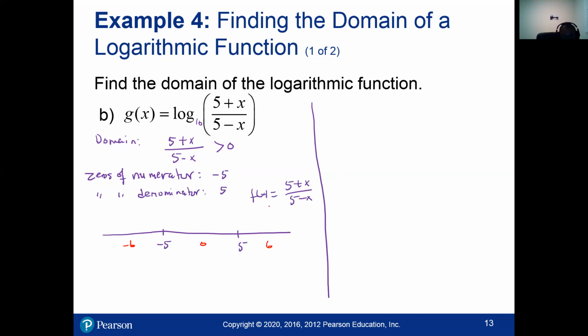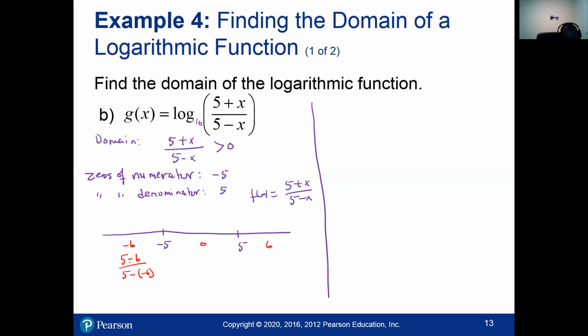If I plug in -6, it should be 5 minus 6 over 5 plus 6.